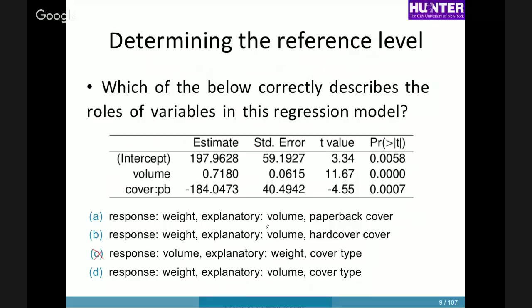Our independent or predictor variables? Volume. What did you say the second one was? Cover type. Yep, there we go. Put a big X through these. Very good.